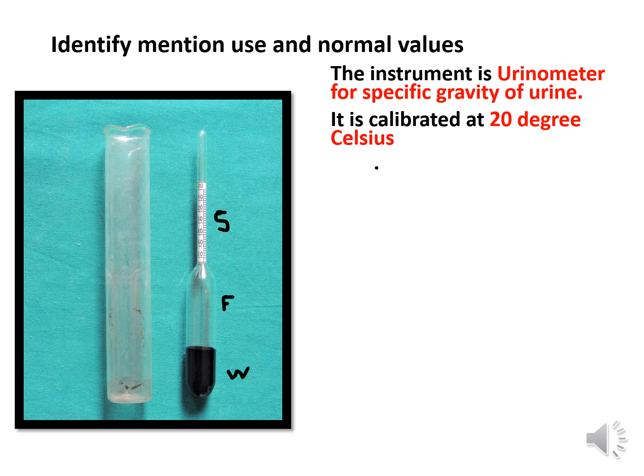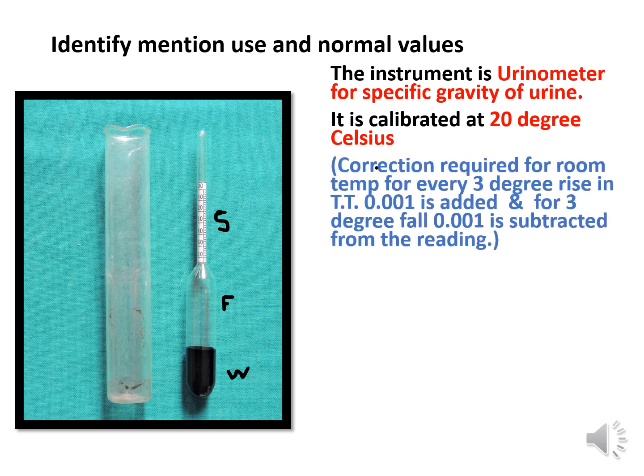The stem has markings, and the instrument is calibrated at 20 degrees Celsius. What is the significance of this? You have to know the room temperature at which you are estimating the specific gravity of the urine.